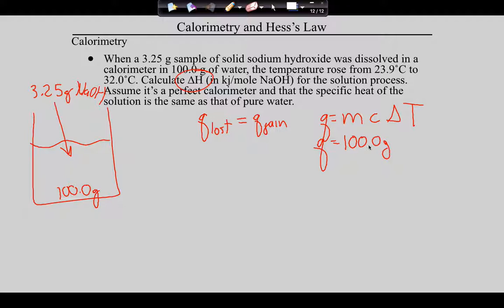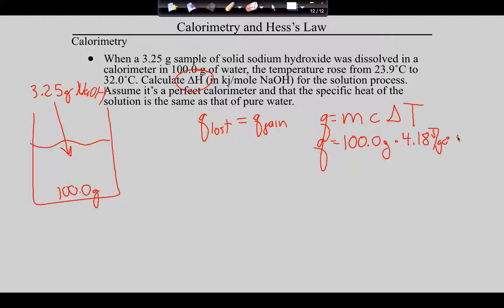Then the next thing, and I think I may know your question, let's finish this and then we'll talk. The next thing we need to know is the specific heat of water. It's on the AP sheet. It's 4.18 joules per gram per Celsius degree. Now the last thing we need to know is the temperature change. 8.1. Can I subtract?